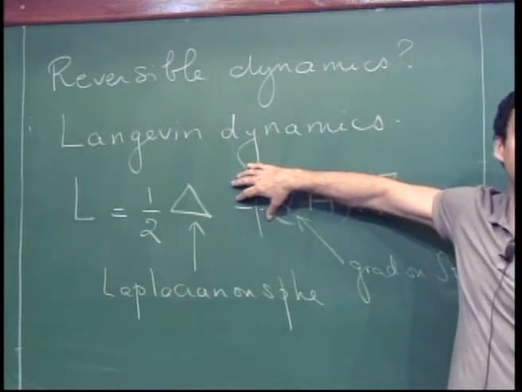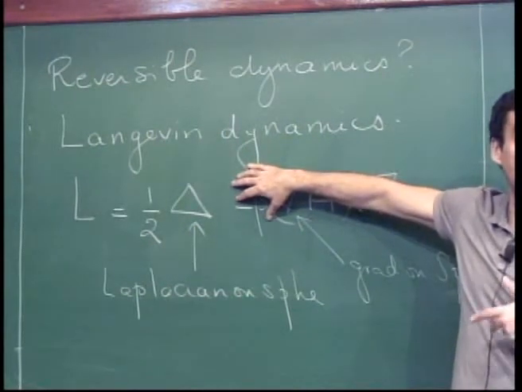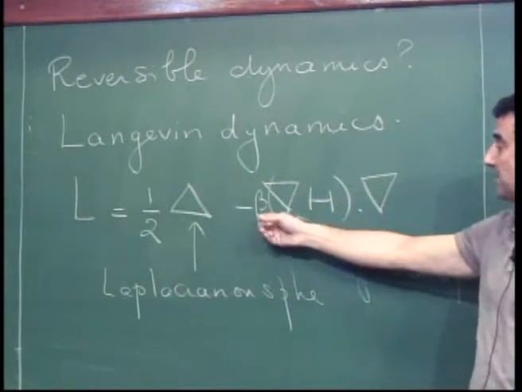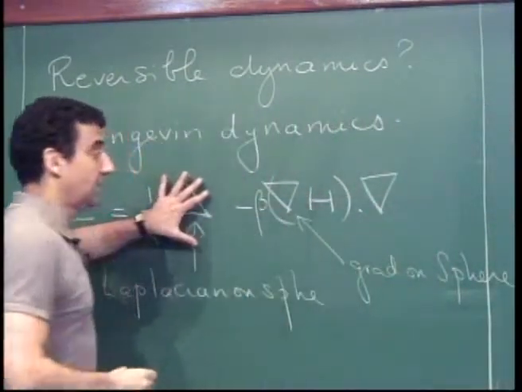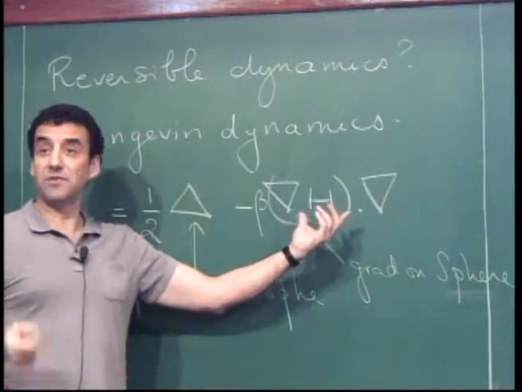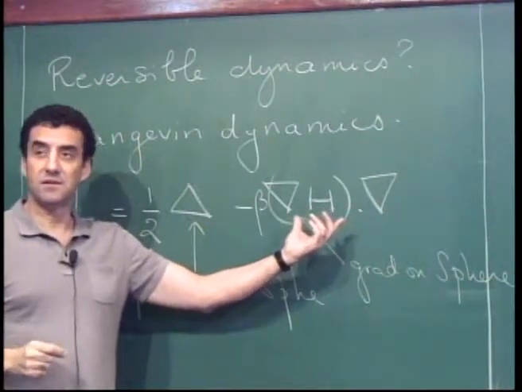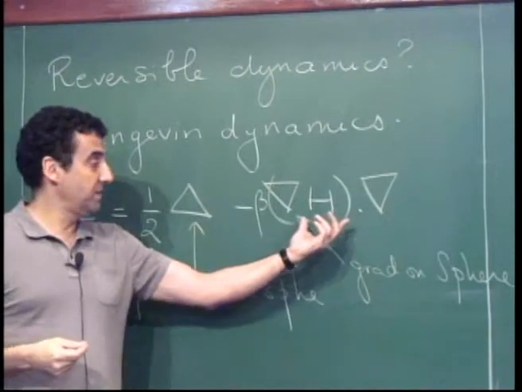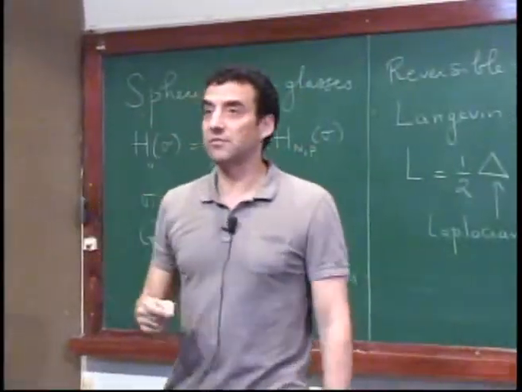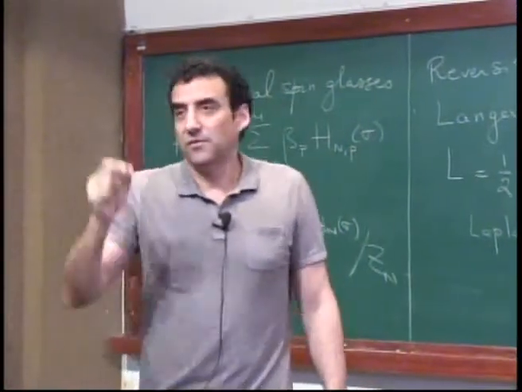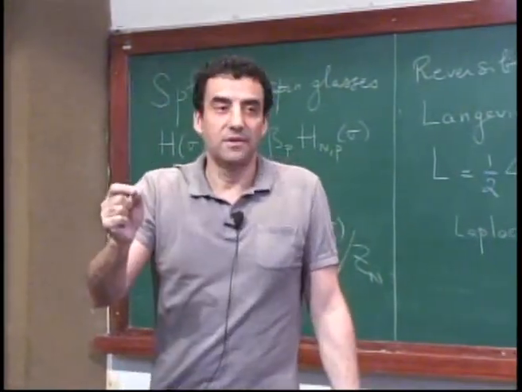If you want the Gibbs measure at beta equals 0, at infinite temperature, which of course happens if you put beta equals 0 here. Now if you don't have this term, this thing will simply be a gradient dynamics. It's not random. It would simply mean that you take a particle and what you simply do is you follow the gradient. Right? Follow the gradient and then you will end up.